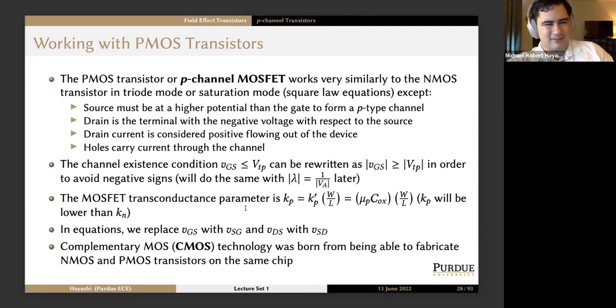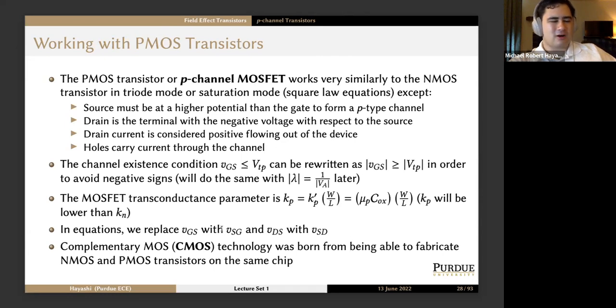The MOSFET transconductance parameter is now Kp, which is Kp prime times the aspect ratio, where the difference is we have mu p. So Kp is going to be lower than Kn because holes have a lower mobility than free electrons. It's harder to move a gap in the silicon lattice where charge should be than it is to move an electron that isn't constrained to move in the lattice at all. In equations, we're going to replace VGS with VSG and VDS with VSD.